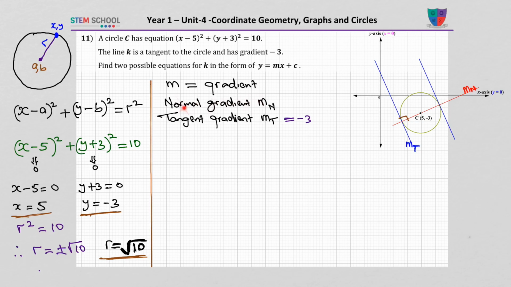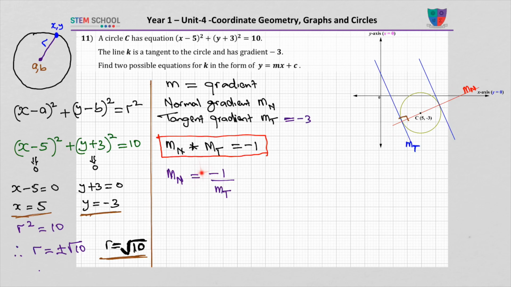The normal gradient and the tangent gradient have a relationship: m normal times m tangent equals −1. So I can find the gradient of the normal.